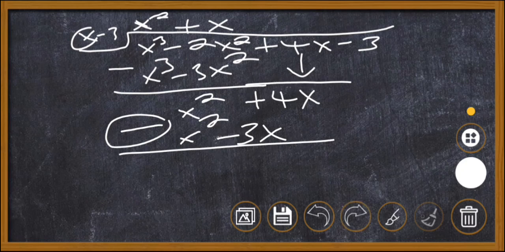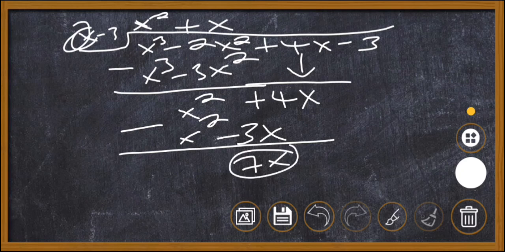Negative multiplied by negative is positive, and then 4x added to 3x, we are going to have 7x. Again we have to find a value we can multiply with x so that we have 7x. Since we already have the x here, we are simply going to multiply with 7. So 7 multiplied by x is simply 7x.